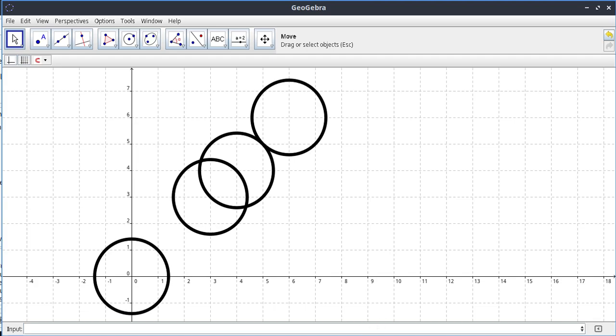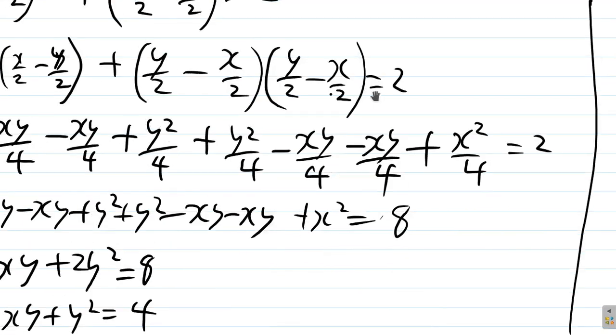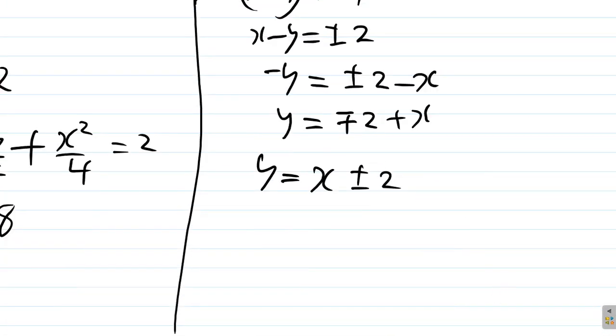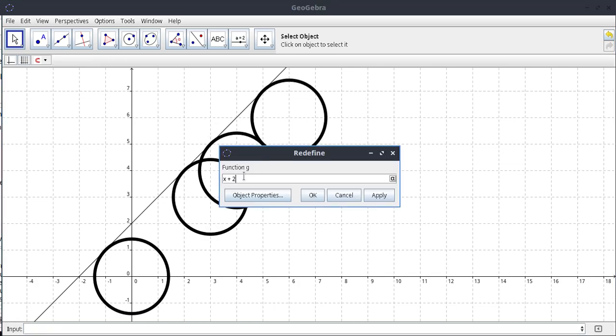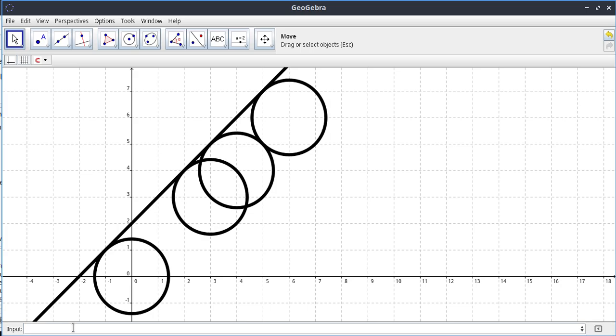But then let's see how this would go. What was the equation again for the parameter family of curves? x plus 2 and x minus 2. So let's plot that. x plus 2. There's one line. So it's tangential to, or touching, the curves. And then x minus 2.